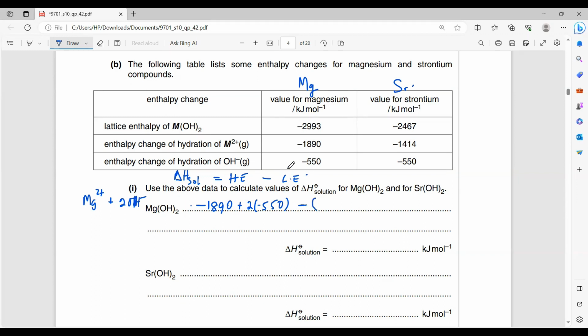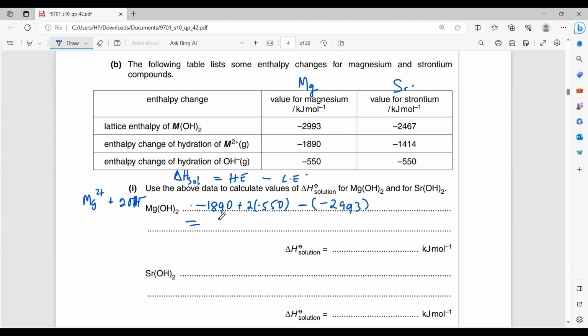And what's your lattice energy? That's minus 2993. Using my calculator, you have negative 1890 plus 2 times minus 550, plus 2993.